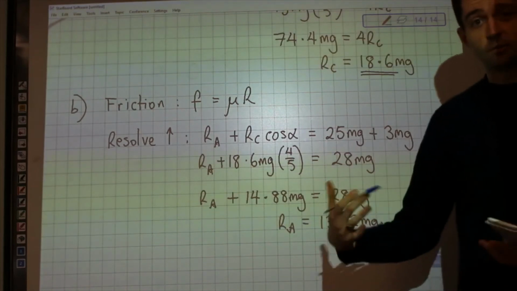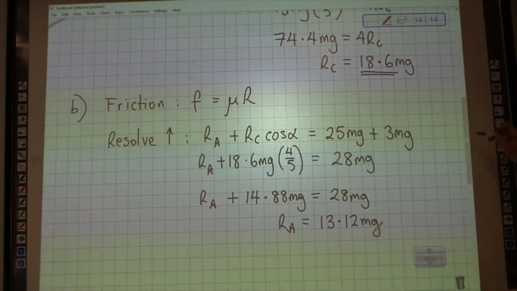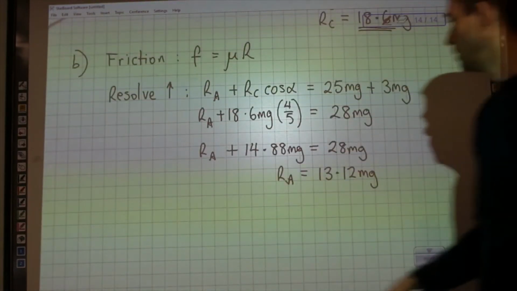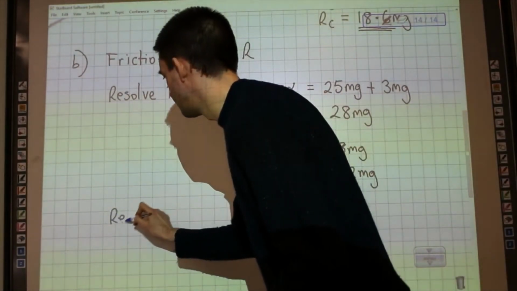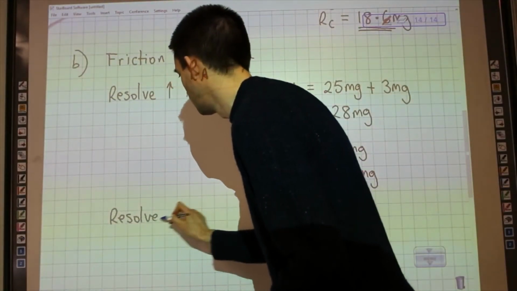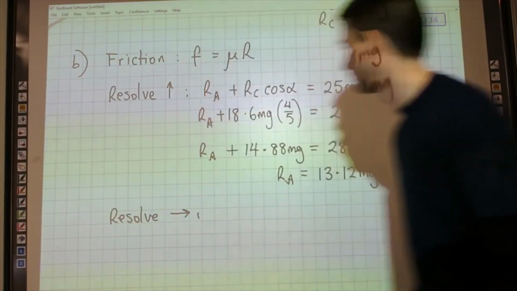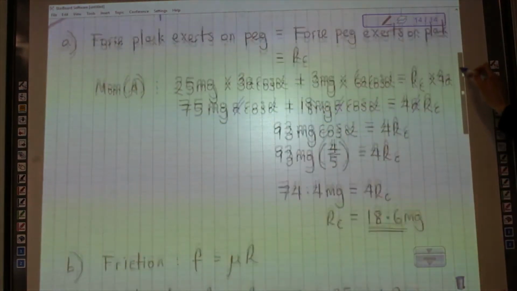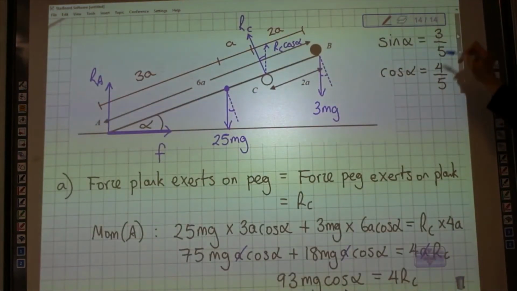What I now need is the friction at A, and I can work out mu from there. So to work out the friction at A, I'm going to be resolving horizontally, looking at all the forces that are acting horizontally in the system.